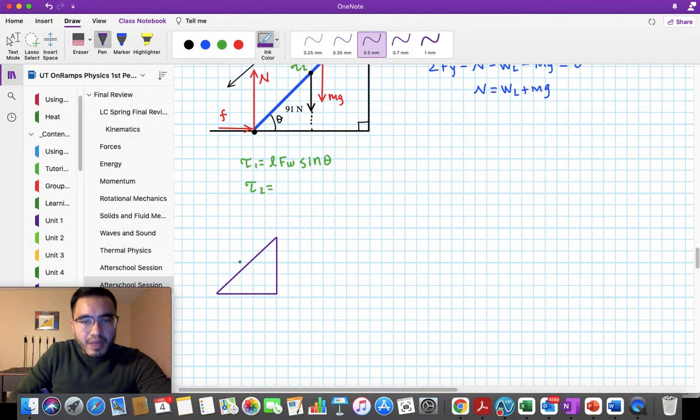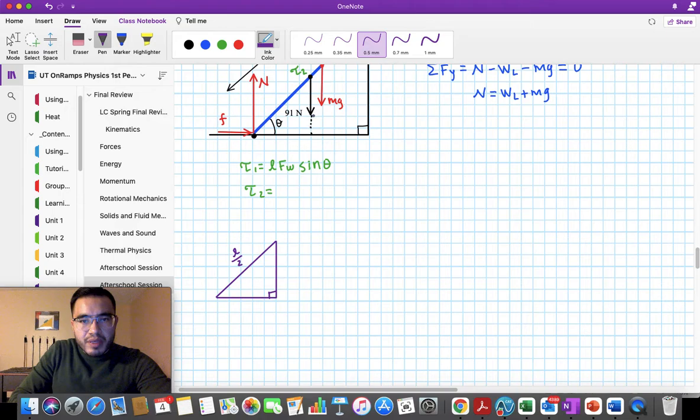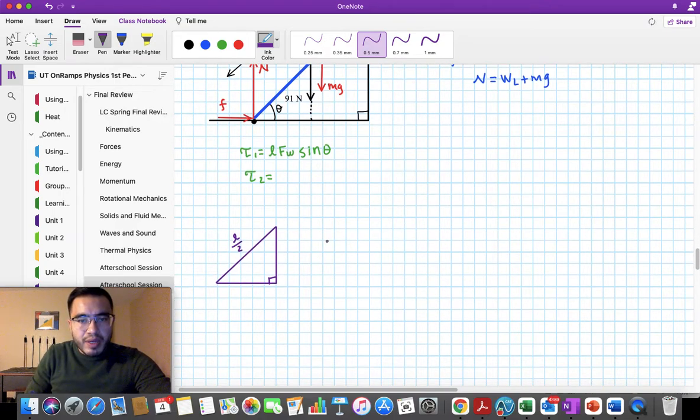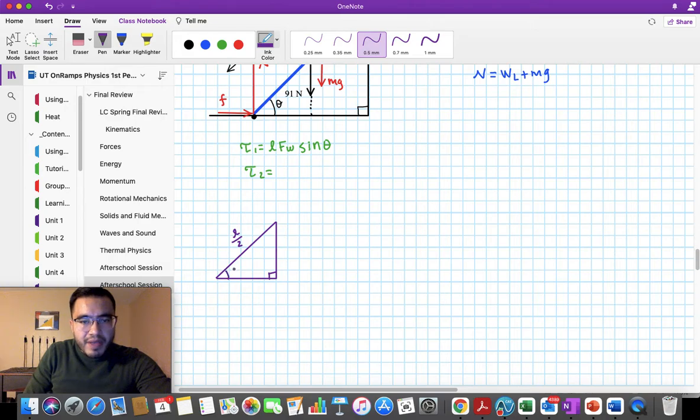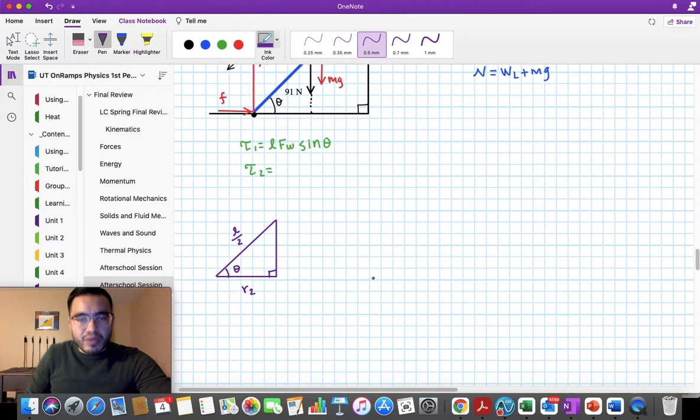That is L divided by 2. I know this is 90 degrees, right? Don't forget that. We're going to use that right now for the angle of the torque. And this is theta. And I want to know this distance. This is the distance from the pivot point. And I guess we can call it radial distance 2, as this is for torque 2.